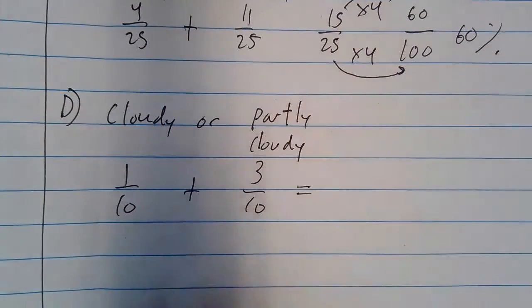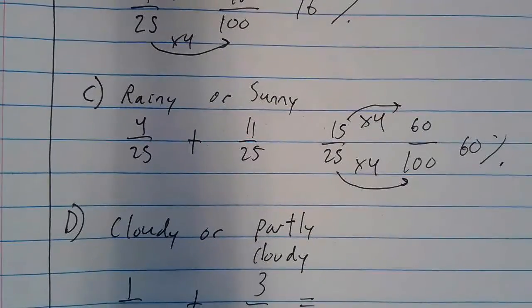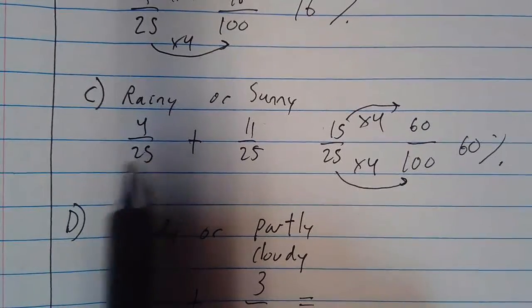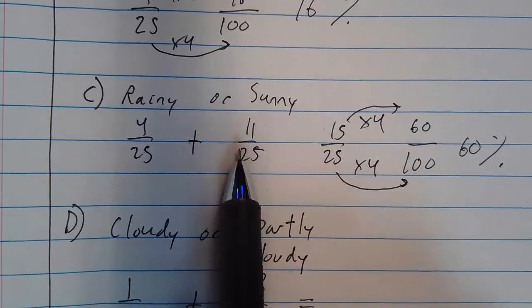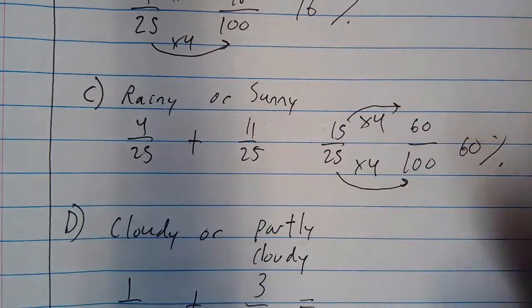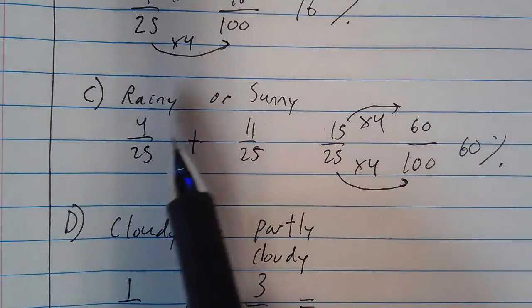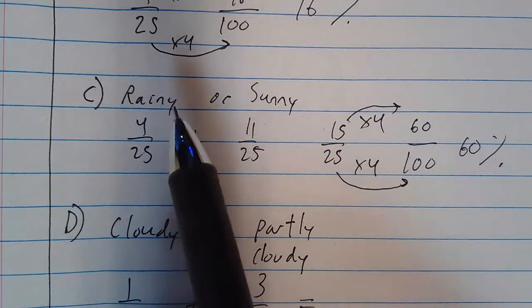you can only add fractions when the denominators are the same. That's why I was able to do this one easily. Because if you think about it, we're talking about 25 days, 25 days. If we said 11 out of 23 days, it wouldn't be the same set, the same deal, okay? You can't do that. It doesn't make any sense. It's like pizza slices.